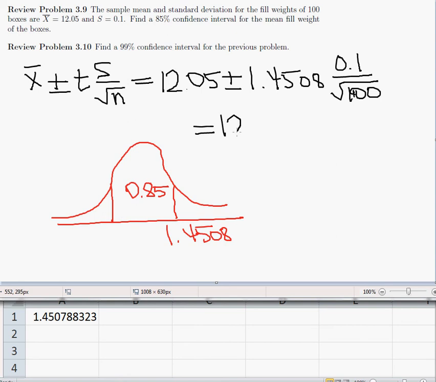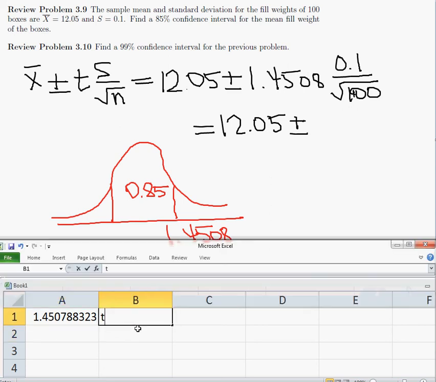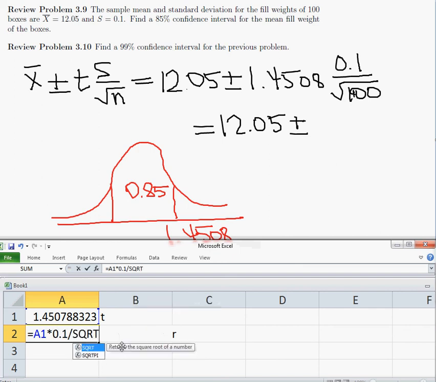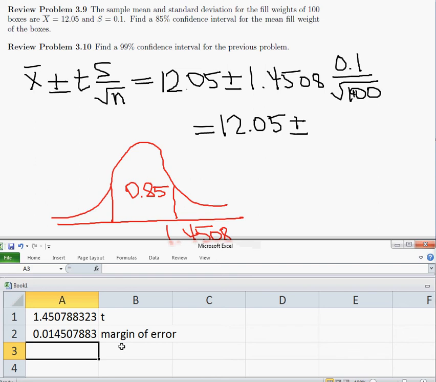So 12.05 plus or minus the margin of error. So this is our t value here. And so the margin of error would be equal to 1.4508 times 0.1 over the square root of 100, which works out to be 0.0145.